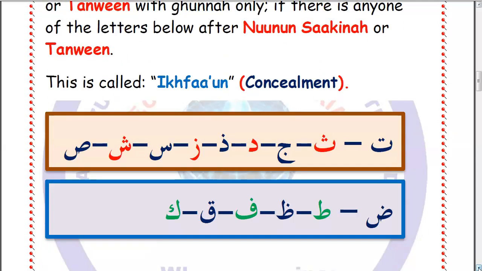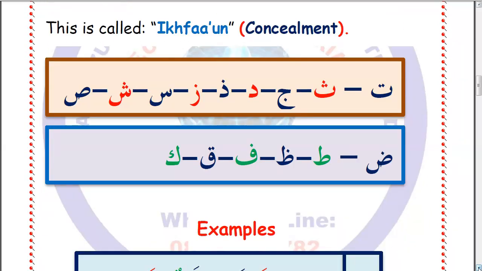Okay, what are the letters of Ikhfaa? These are the letters of Ikhfaa: Ta'un, Tha'un, Jimun, Dalun, Dhalun, Zayun, Sinun, Shinun, Sadun, Dadun, Ta'un, Za'un, Fa'un, Qafun, then Kafun.